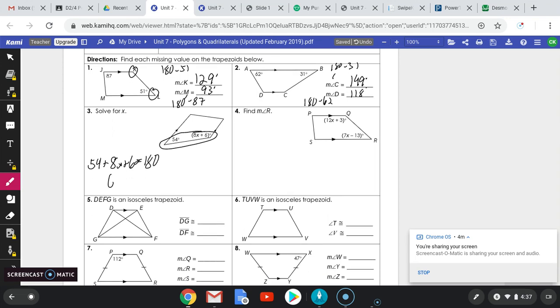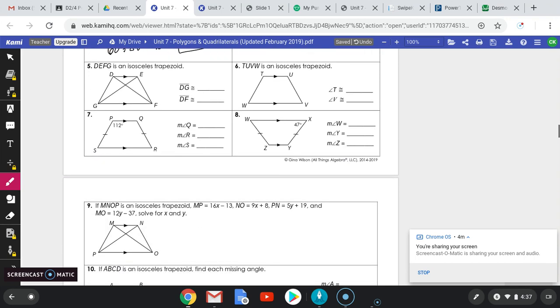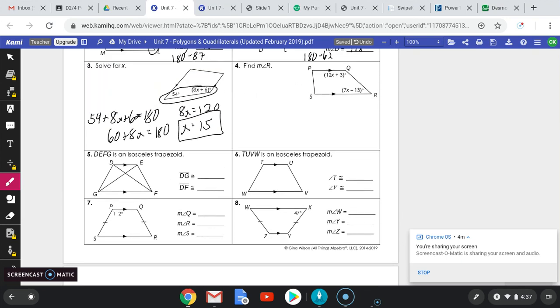So I get 60 plus 8x equals 180, 8x equals 120, so x is going to be equal to 15. And that's the same concept for number 4, except that I want you to find angle R. Once you find x, you just plug it in. All right, let's move on to the next one.